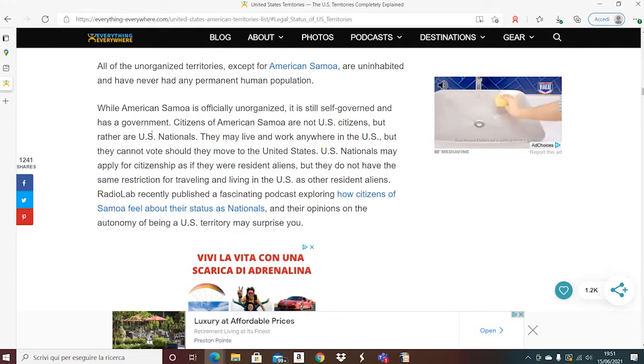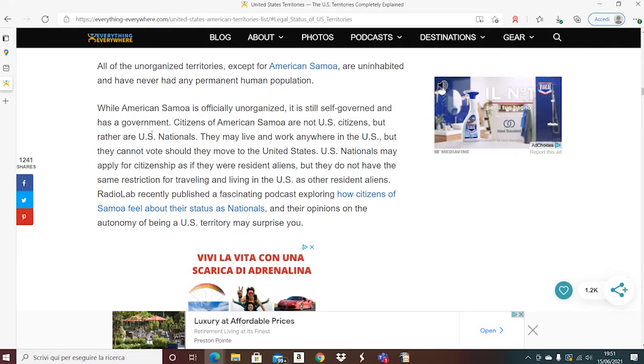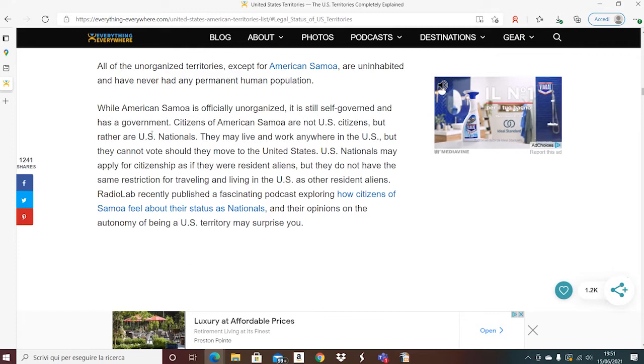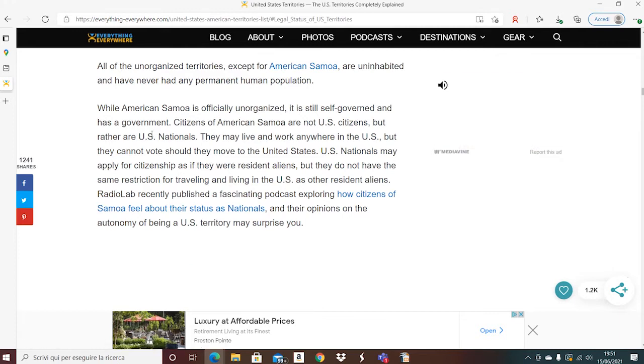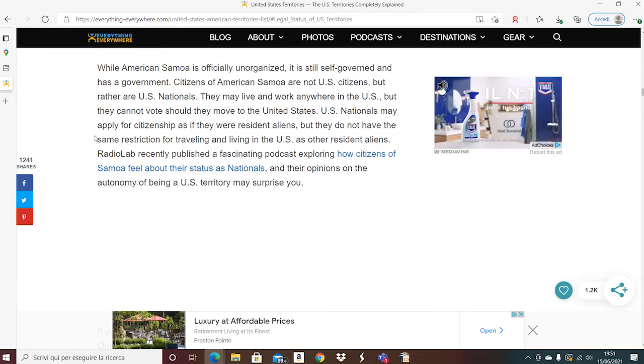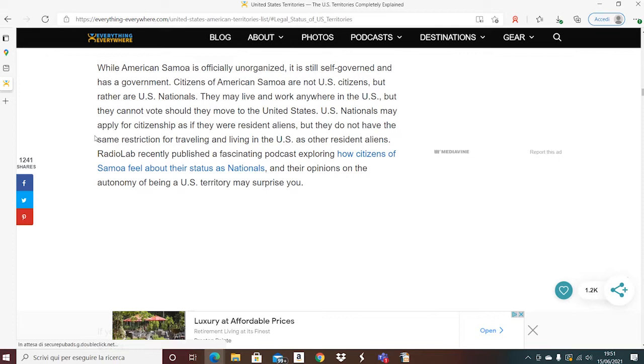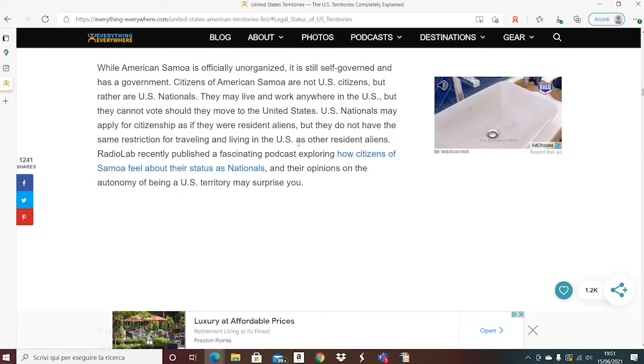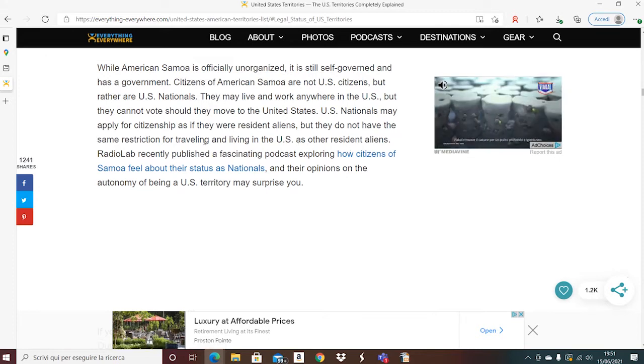They may live and work anywhere in the US, but they cannot vote should they move to the US. US nationals may apply for citizenship as if they were resident aliens, but they do not have the same restriction for traveling and living in the US as other resident aliens.